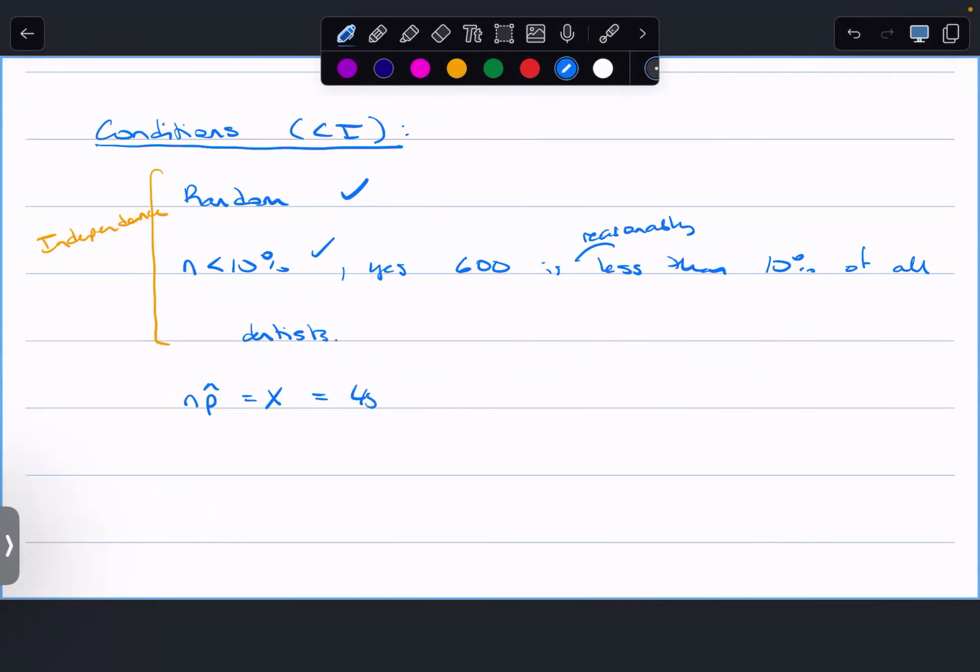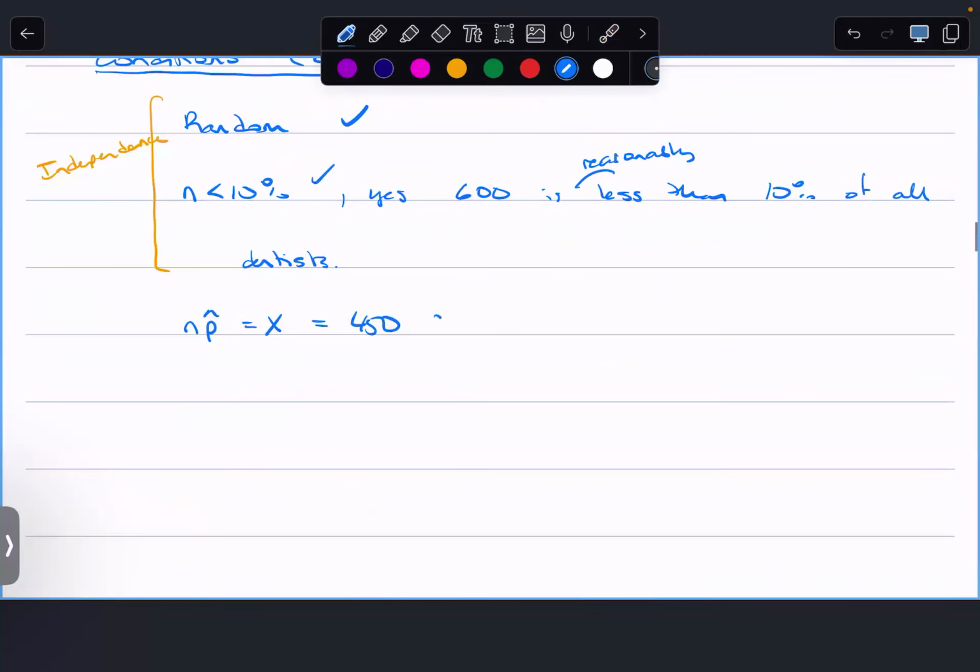450 is greater than or equal to 10, check mark. N times q hat, which is really n minus x, is 600 minus 450, which is 150. Yep, is greater than or equal to 10.